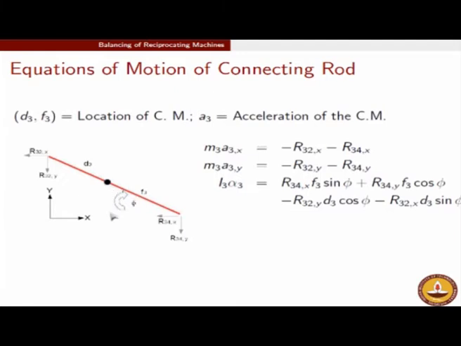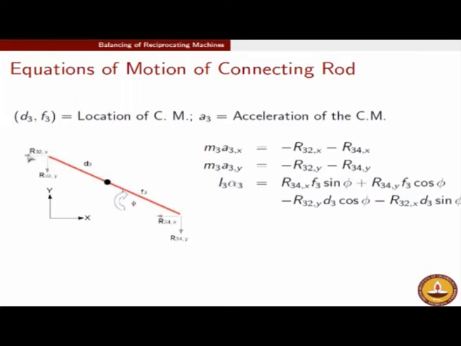So F3 sin phi is this distance, F3 sin phi multiplied by R34,x is the moment which is created because of the force R34,x. So that gives the moment which is along the same direction as phi, and therefore it comes with a positive sign. Same thing happens for R34,y, it comes with a positive sign because R34,y is going to create again a clockwise moment. But the moment arm this time has got to be F3 cos phi. Okay, so therefore these two terms are settled.